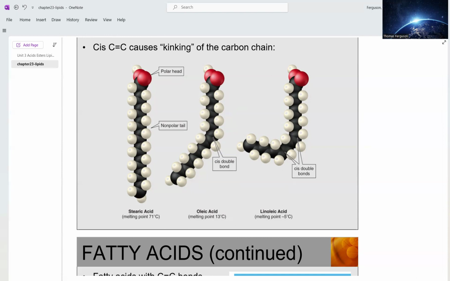Crisco shortening was designed to eliminate using lard for baking. But when they made Crisco a long time ago, they produced a ton of trans fats. So I was raised on trans fat. My mother baked all the time and she only used Crisco. She rarely, if ever, used lard. And I'm standing here alive. So it's not going to kill you, but it's not good for you either.